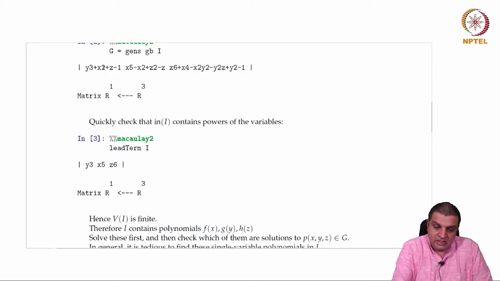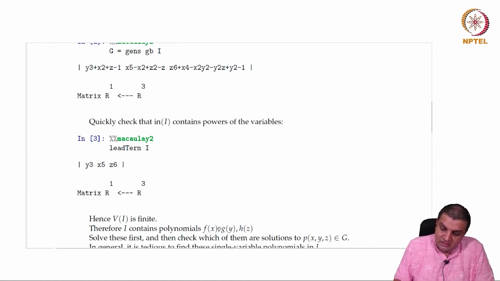Remember, these are mixed. There's a yx term, there are all variables here, a mixed x squared y squared term. So these don't fit this description, but if we can find these three polynomials, then we can find the superset from which the solutions will come. The superset itself will be finite, and then one can just check against each one which of them are actually solutions and which are not.